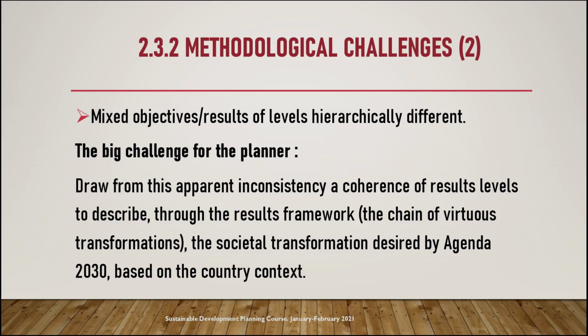So the big challenge for the planner is to draw from this apparent inconsistency a coherence of result levels to describe through the result framework, or in this specific PDOP framework, we'll talk about the chain of virtuous transformation. So through the chain of virtuous transformation, the societal transformation desired by Agenda 2030 based on the country context.